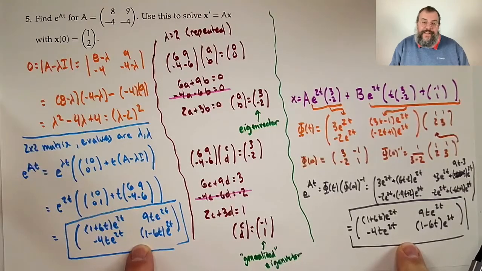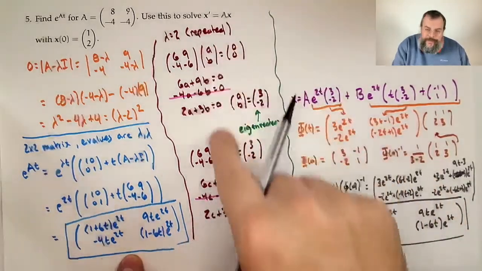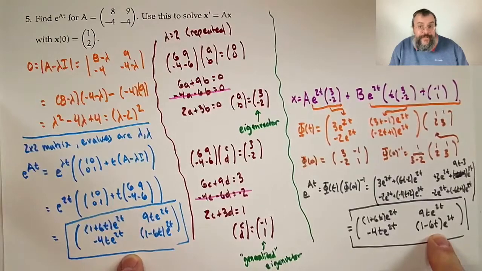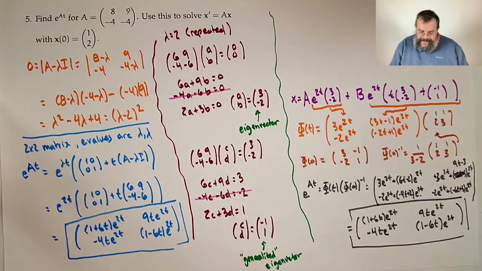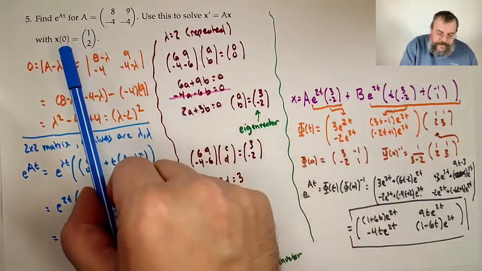Both techniques are valid. And you're probably thinking, okay, so I can either do this or that. Yes, you can. All right, wonderful. Are we done? Almost. One last part. Remember, we have to solve with some initial conditions.